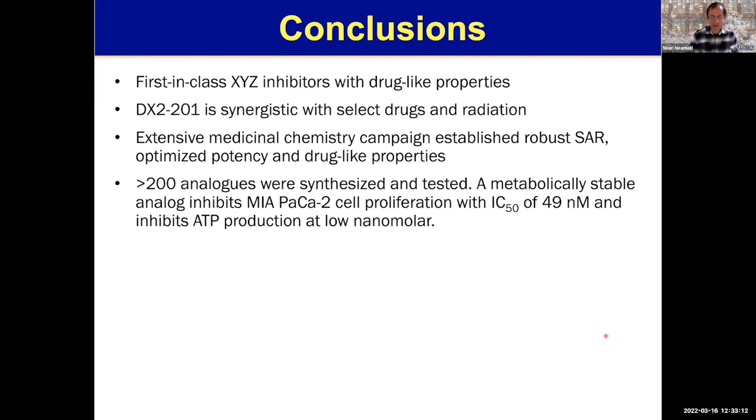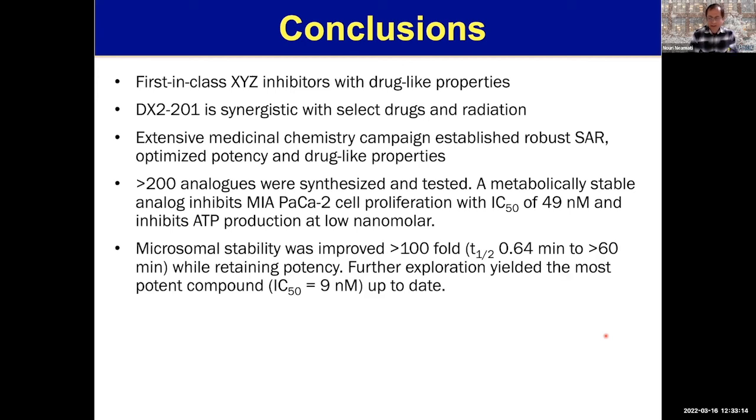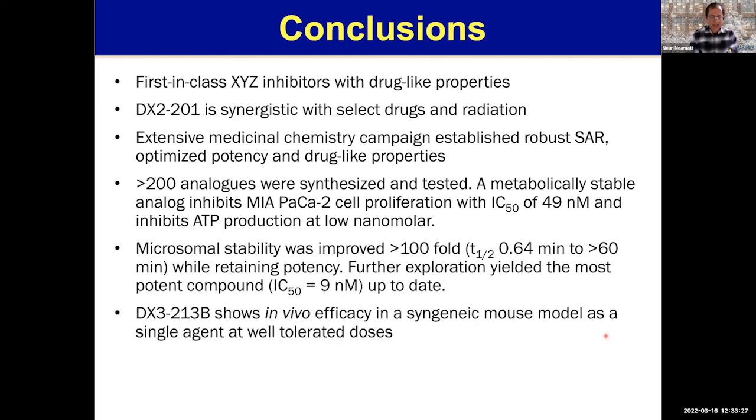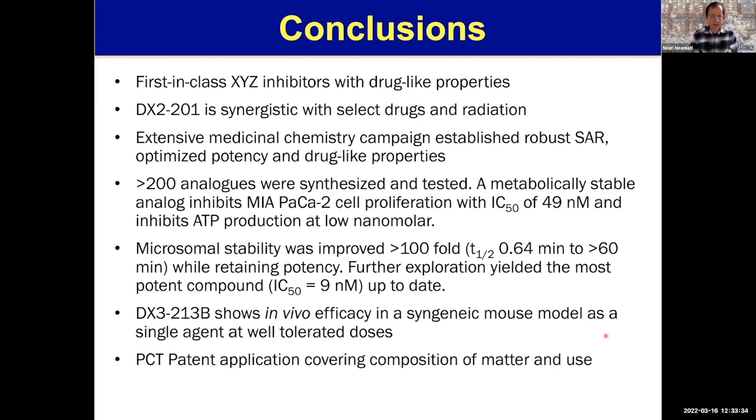Some of them are quite potent, and metabolic stability is favorable. One of the most potent compounds is 9 nanomolar, so this is one of the most potent OXPHOS inhibitors reported in the literature. And we have analogs that are quite synergistic in mice in a different model, and all of them are protected by a patent application.